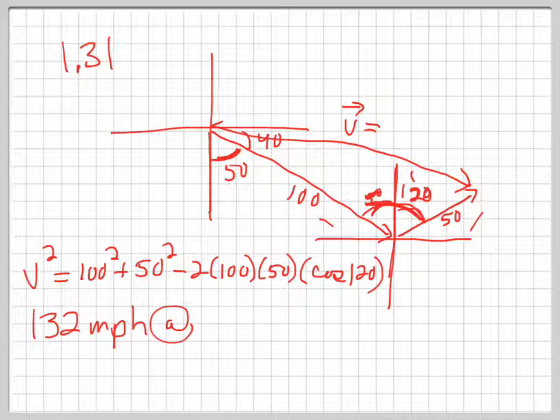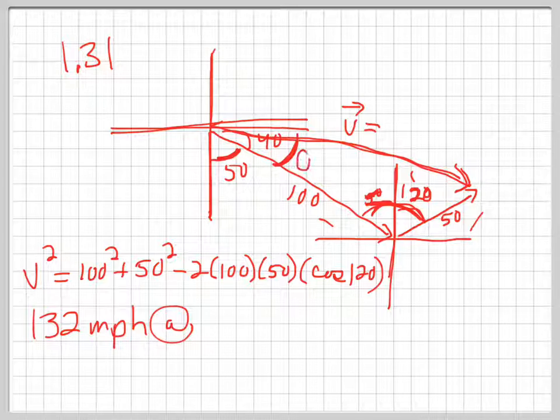Now, where is it? So I need to figure out where this vector is on this grid. Okay? So the way to do that usually is to figure out an angle in your triangle. I'm going to figure out this angle right in here first. And I can use the law of sines. So sine of that angle over its opposite side, which was 50, would equal the sine of some other angle.